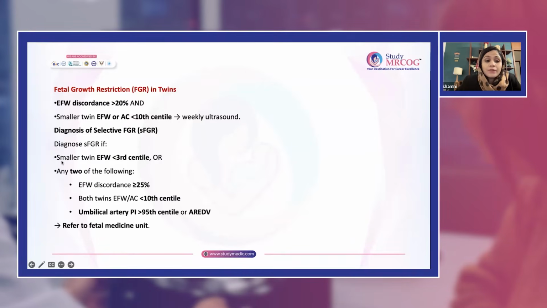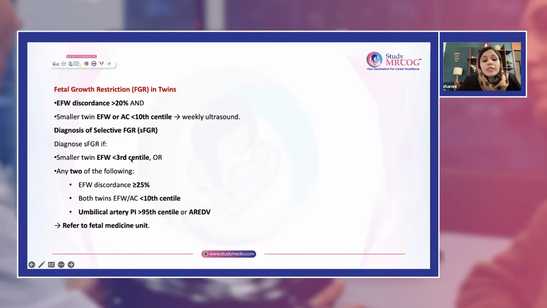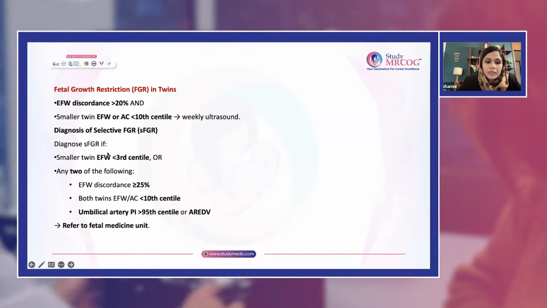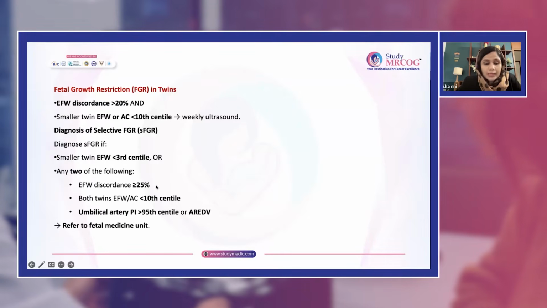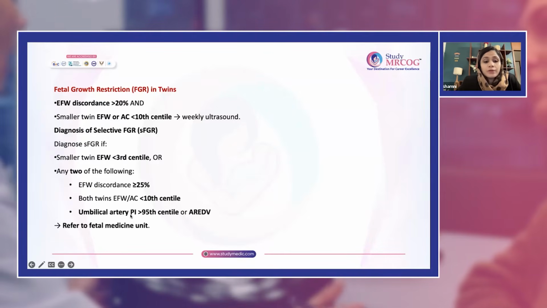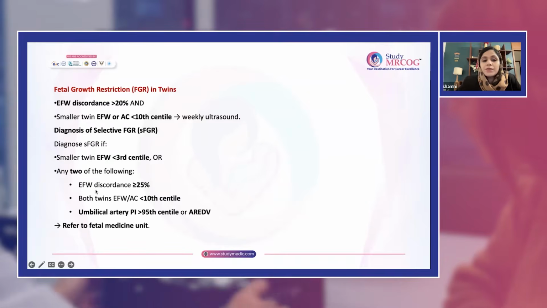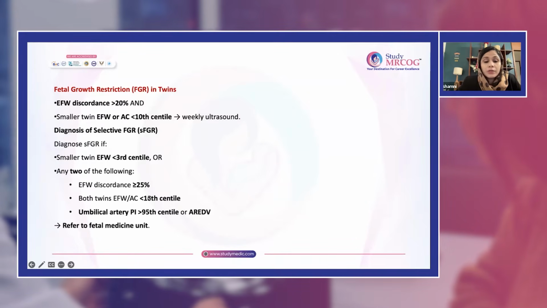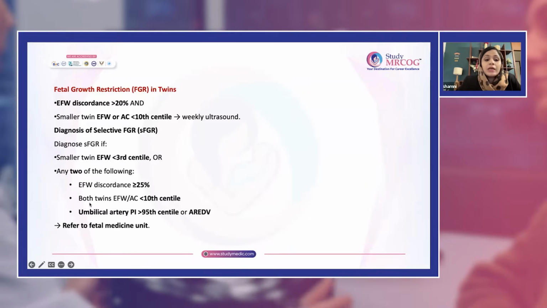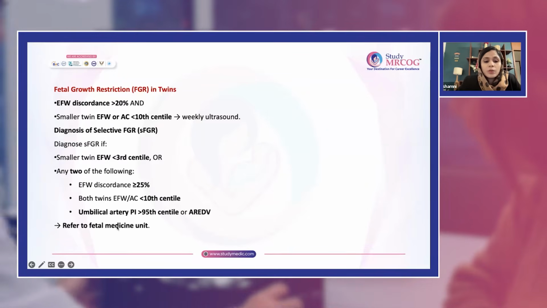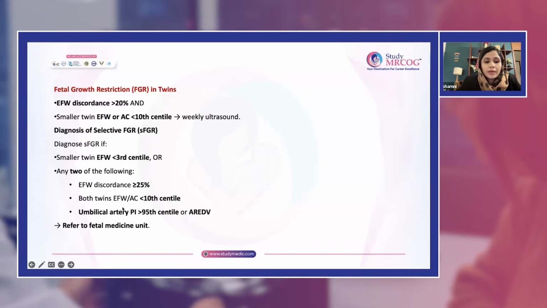You can diagnose if the smaller twin estimated fetal weight is less than 3rd percentile. That itself is needed for the diagnosis. Or else, if any two of the following are present, which means estimated fetal weight discordance of more than or equal to 25%, along with that, any two are positive means you can diagnose.